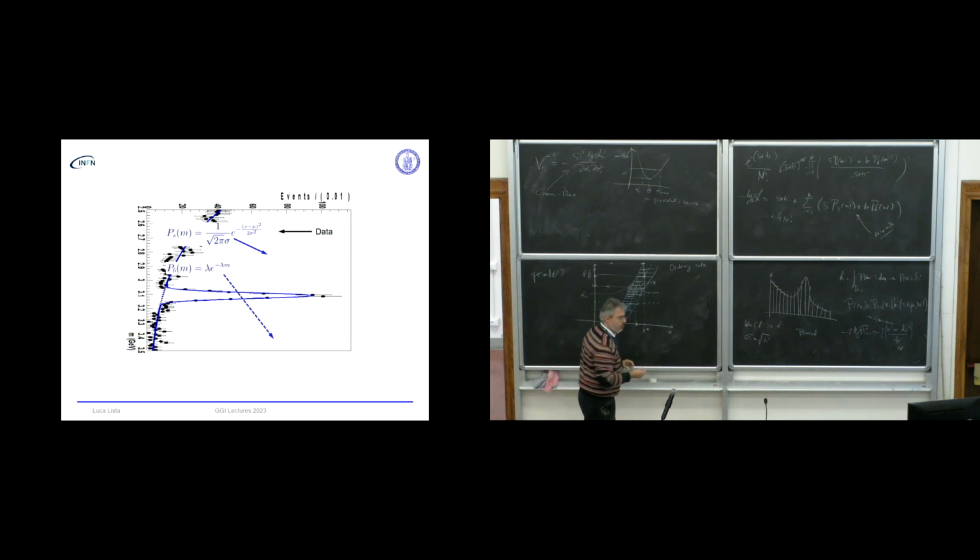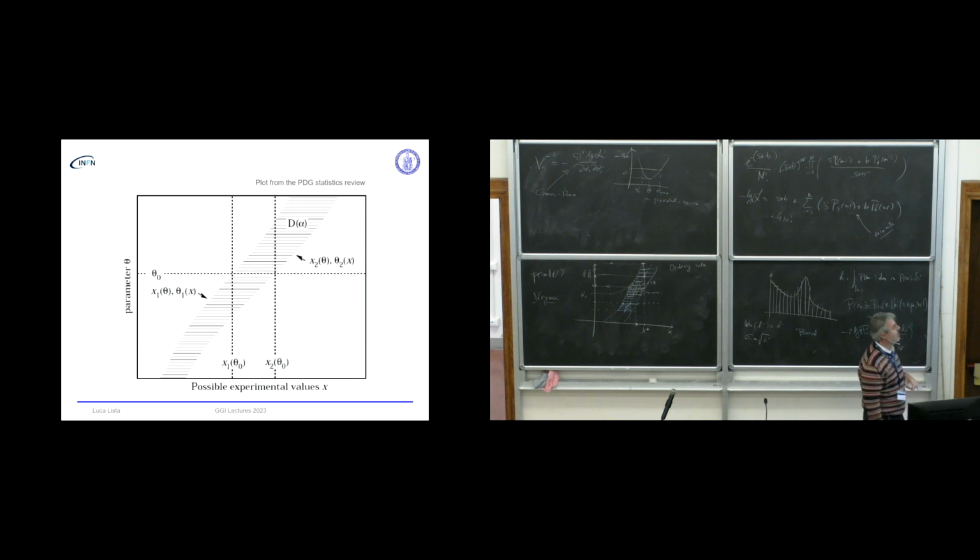This is called the Neyman construction, and gives us an exact coverage. So if we don't trust the approximation given above, which are valid in many cases but not always, we can be more rigorous in the definition of the uncertainty. So this is the construction you get, and this is also what you find in the Particle Data Group.